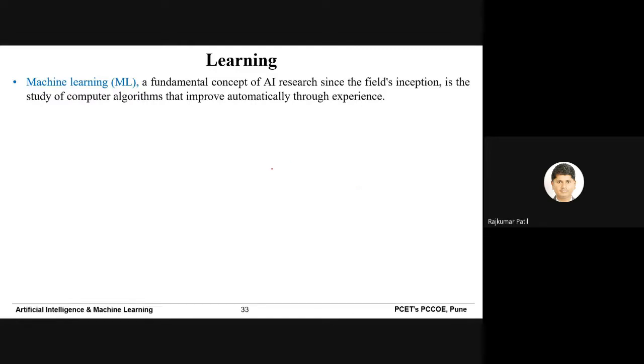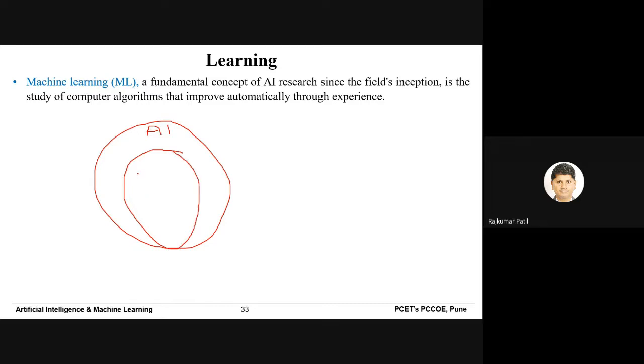So as we already discussed, AI is a very general term, and it was developed in the 50s, especially after World War II. And in the 70s and 80s, the focus shifted to machine learning algorithms.